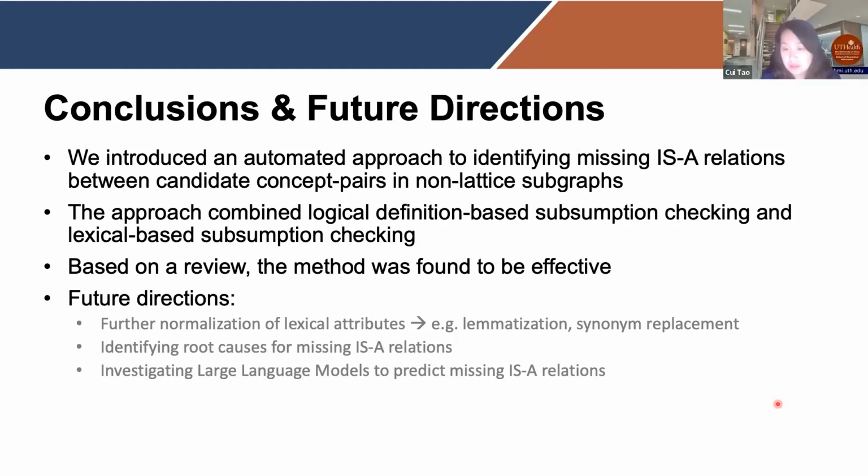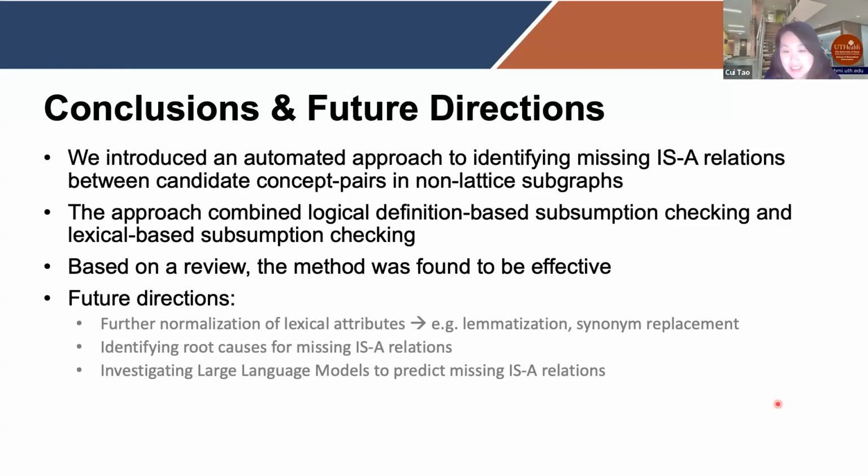It hasn't performed that well. So I would guess we would have to experiment more in terms of how to train it using existing is-a relations to see how effective it would be in accurately predicting missing is-a relations. So we haven't done much in this aspect yet, but that's very interesting.